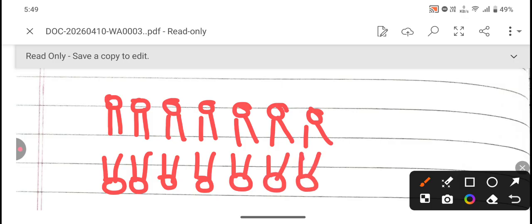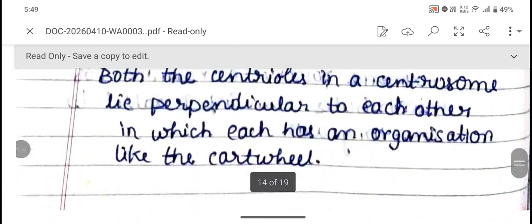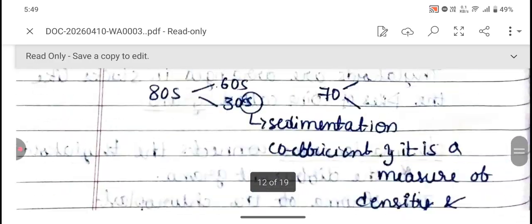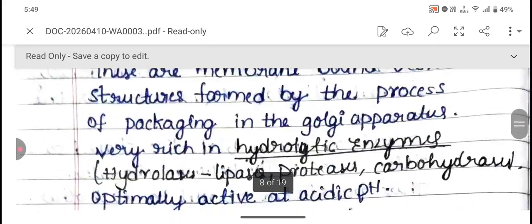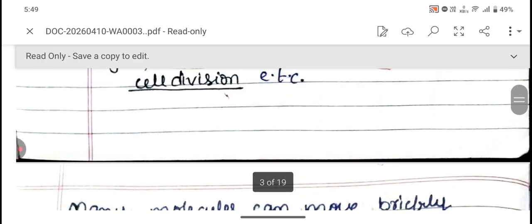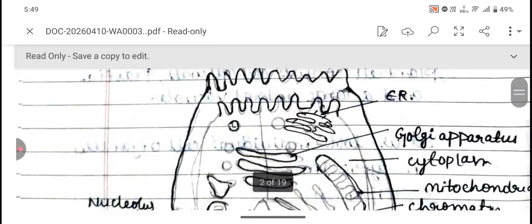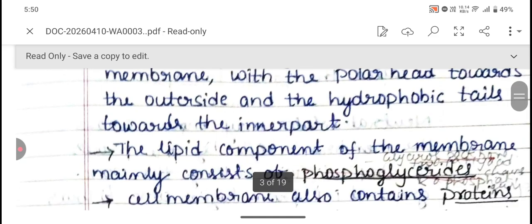So this is the bilayer arrangement of lipids inside the plasma membrane.